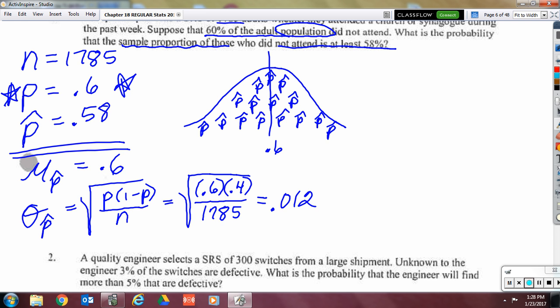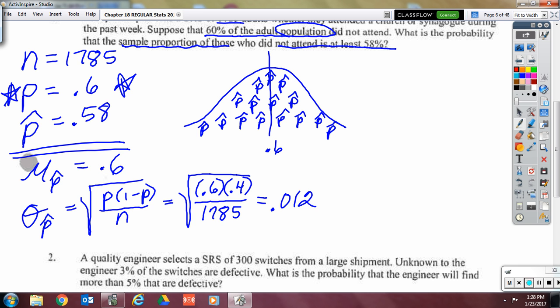All right, so this question wants to know the probability that you find this little p hat right here, which is 0.58. It wants to know what's the probability you have at least that p hat. So what's shaded if it's at least that little p hat?